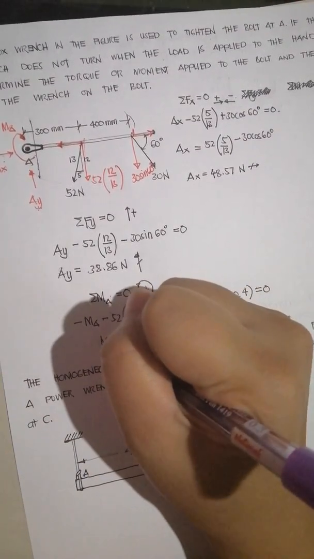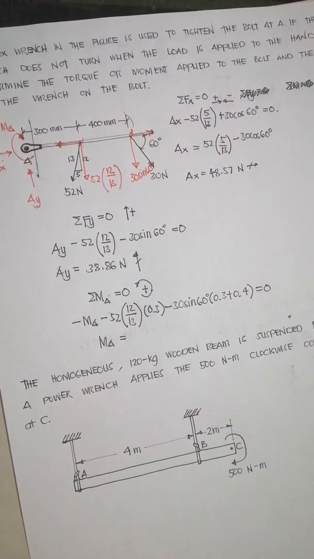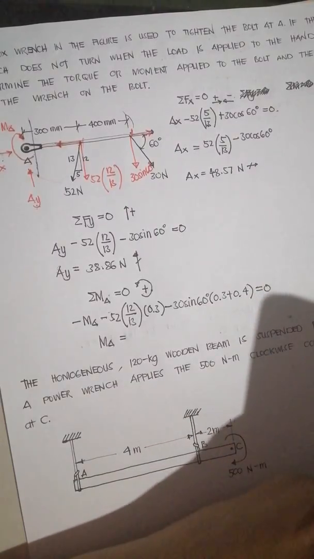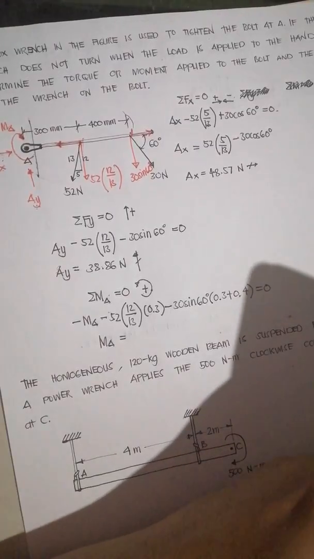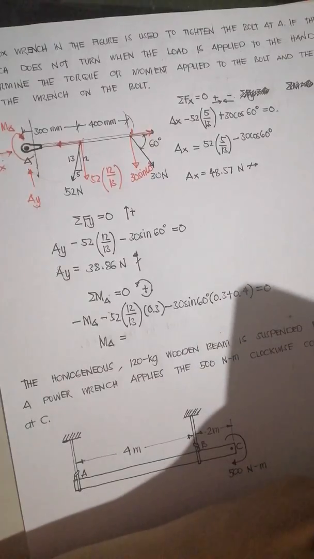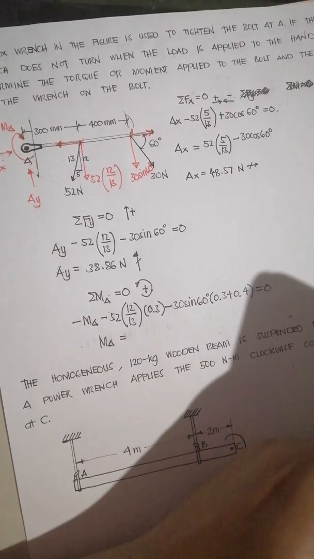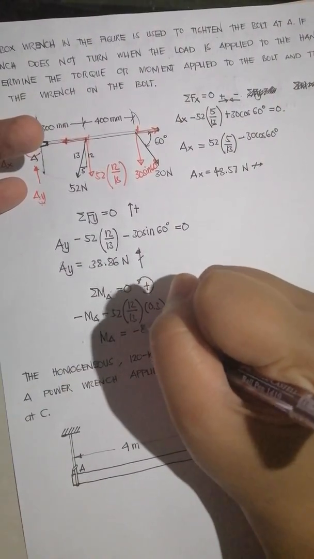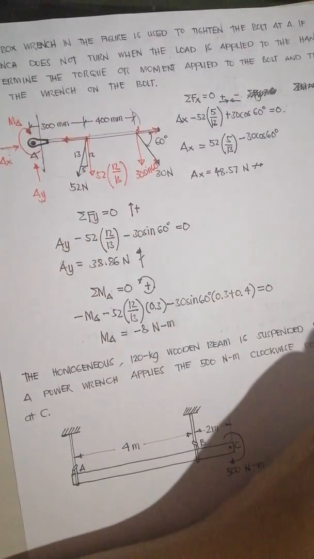So the value of MA is equal to, let me use my calculator at the side. We have 52 times 12 over 13 times 0.3 plus 30 sine 60 times 0.7. This is negative 8 Newton meters.